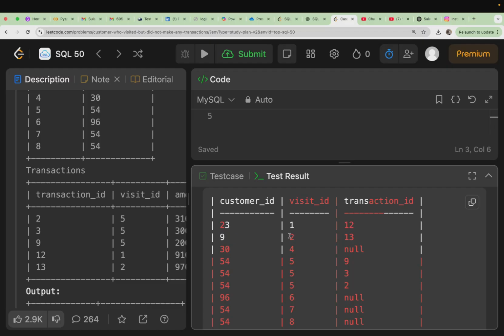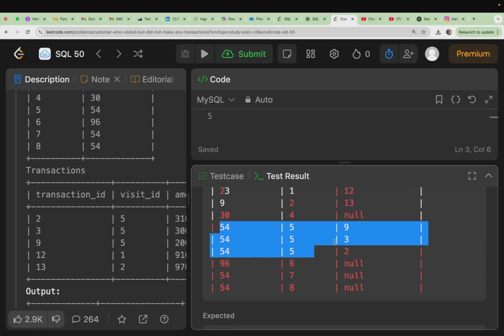But customer ID 30 made the visit but hasn't made any transaction. Same goes for customer ID 54, who made the visit and made the transaction, but customer ID 96 made the visit but didn't make any transaction. And for the rest two rows, customer ID 20 made visits but didn't make any transaction.